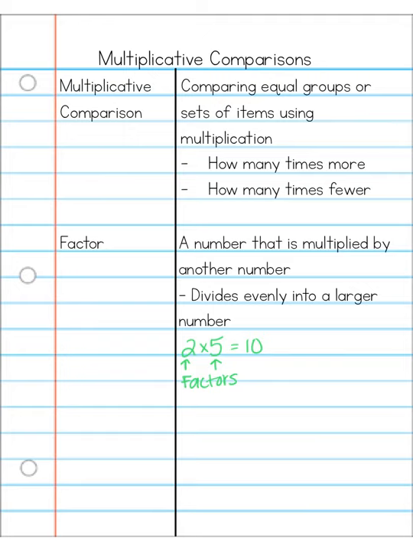They are numbers that I multiplied by each other to get 10, and they also both divide evenly into the number 10. So 10 divided by 5 equals 2. 10 divided by 2 equals 5. So 2 and 5 are both factors of 10.